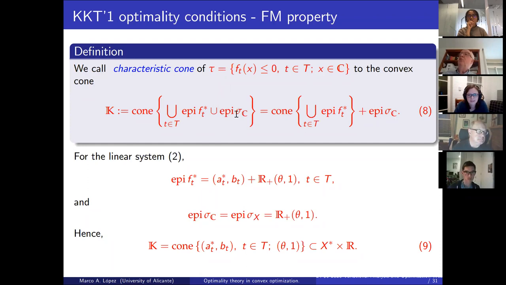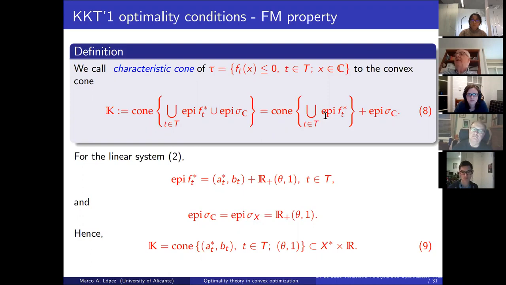Here is the conjugate function of the indicator, of course. And thanks to the fact that this epigraph is already a closed cone, this cone is equivalent to this other one. This formula is a little bit involved, but it has a meaning, and depends only on the elements of my problem.